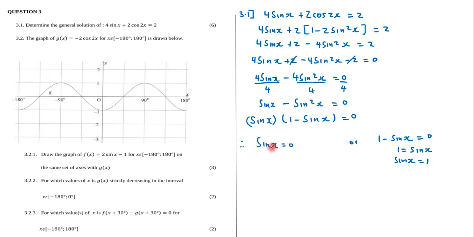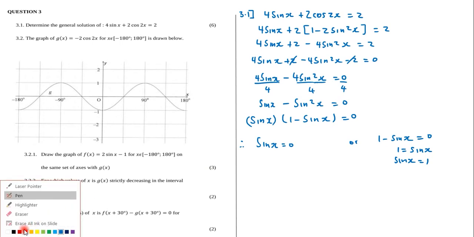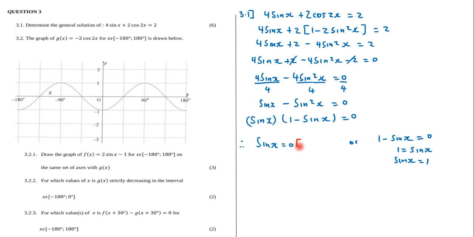Now here, we're given that sine x is equal to 0. So the value 0 is a value that is neutral. We cannot say for sure which quadrant we're going to be focusing on. Because of that, we're going to go through quadrant 1 where sine is positive, and also try another quadrant where sine is negative. So the first thing is to say which quadrants we're going to be doing the general solution in.